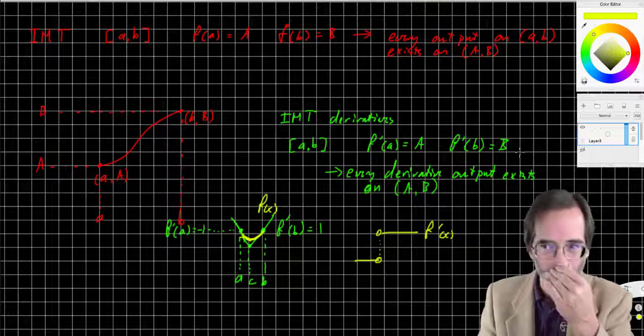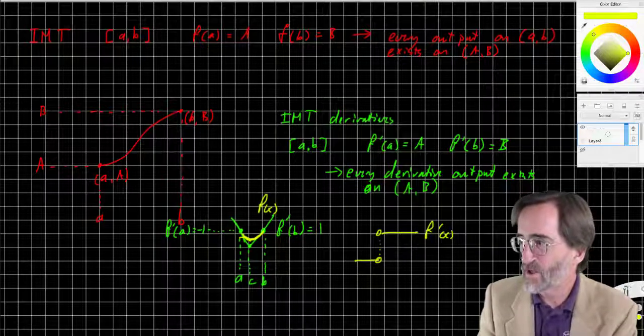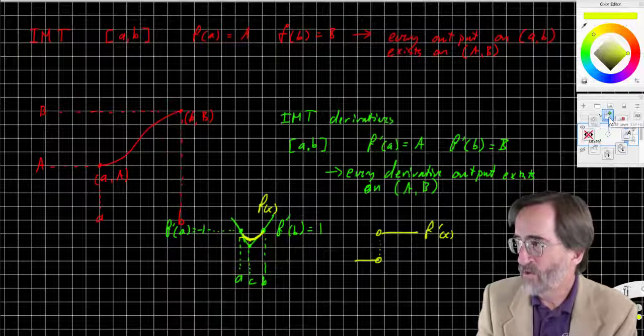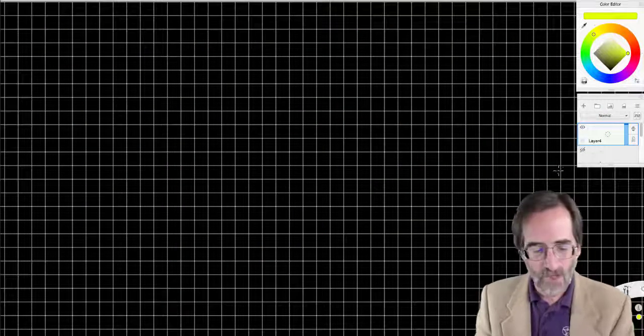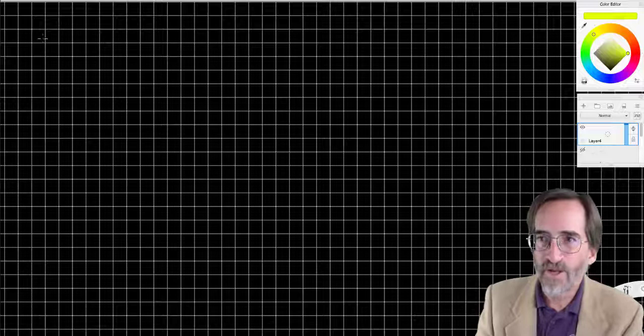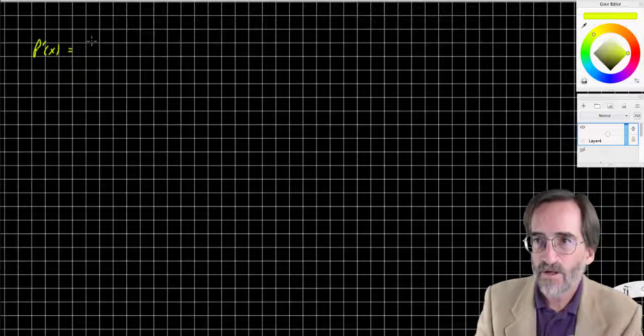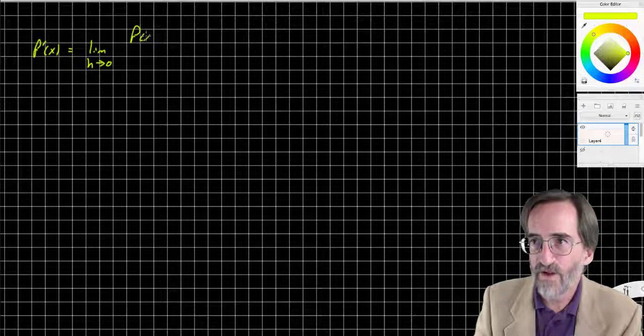Now he also made a special point of the double-sided differential, so I want to take a look at that. You're familiar with the definition of derivative, where f prime of x is the limit as h approaches 0 of f of x plus h minus f of x over h.